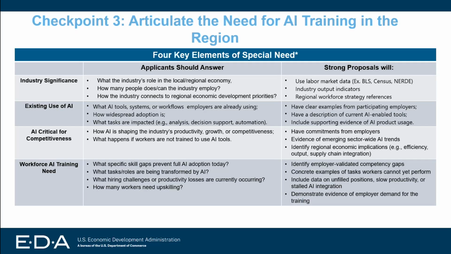So you'll want to take a look at some of these key questions here and ask yourself, what is the industry role in the region? Are we using data to support that and including that in our application? Are we making it clear for the reviewers to understand this is what we're focused on, this is who we're focused on, here's why, and here's that evidence to support?